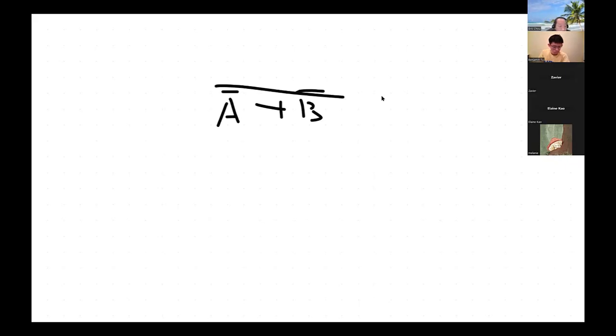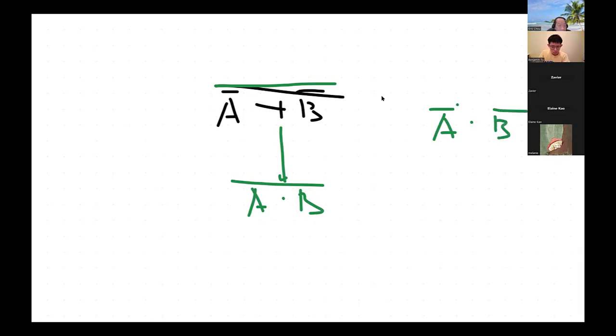Let me use a different color. You merge it together, and then this one changes to AND, so it becomes (A and B) bar. So you have not A and not B. You want to merge it together.